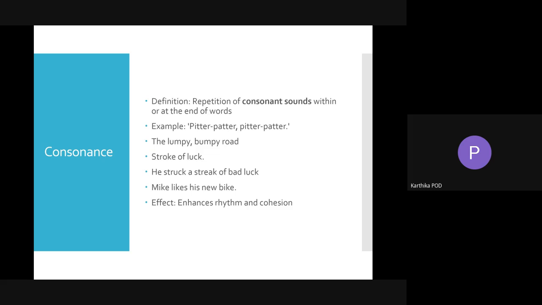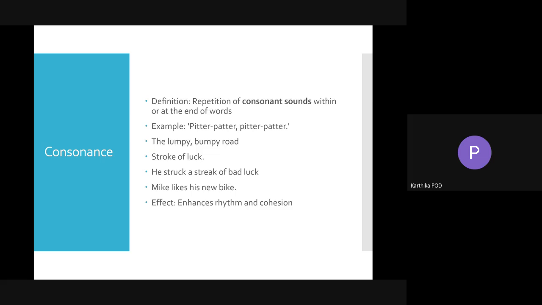Which consonant sounds are getting repeated in lumpy bumpy? P, yes. Lumpy and bumpy: M and P are getting repeated. The E is not a consonant sound, the E is a vowel sound.